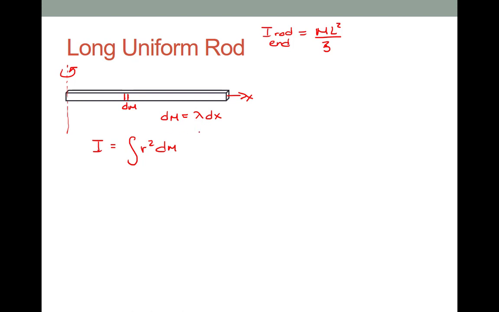Because it is a uniform rod, the density will be the total mass divided by the total length. So that makes our dm equal the total mass divided by the total length times dx.